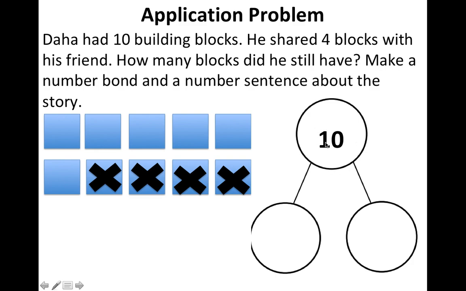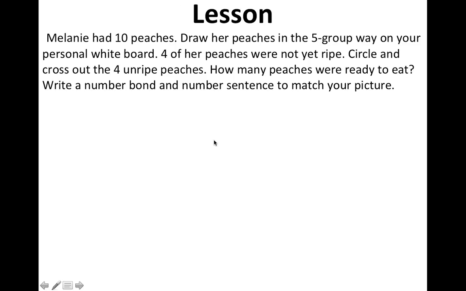He started off with 10 and he decided to give 4 away. So I'm going to cross 4 off to show that he gave 4 blocks away, which means he is left with these 6. So the 6 up here represents the 6 blocks, which shows that he still has that left.